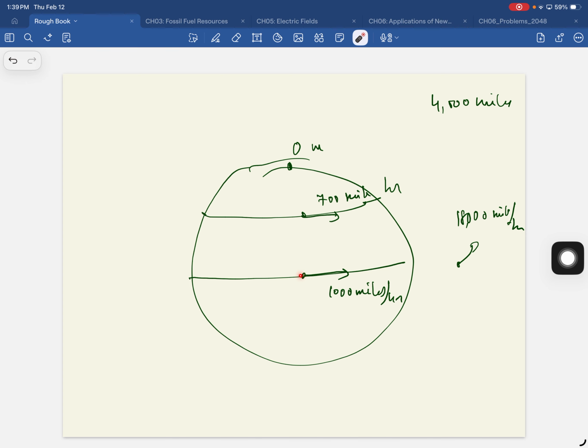So if I launch a satellite from here, assuming I want to go in this direction, all I have to do is speed up from 1,000 miles an hour to 18,000 miles an hour. If I give the job to Santa Claus, it's got to go from 0 to 18,000 miles an hour. So it costs you more to launch a satellite from there, okay?